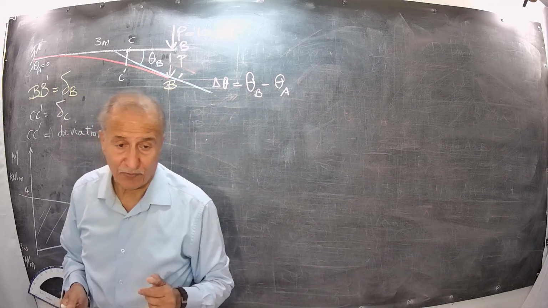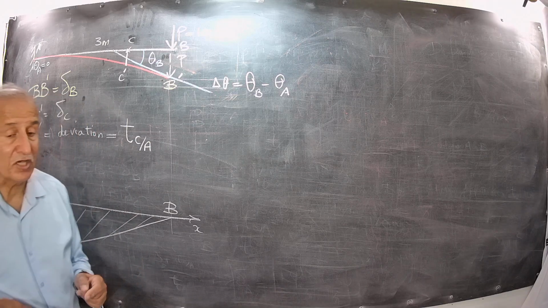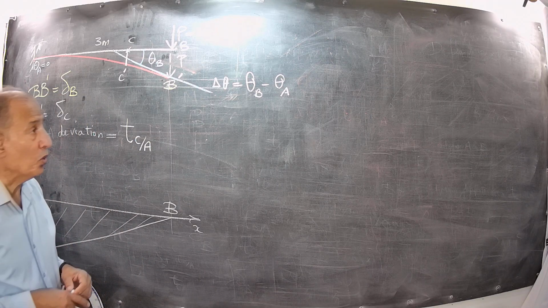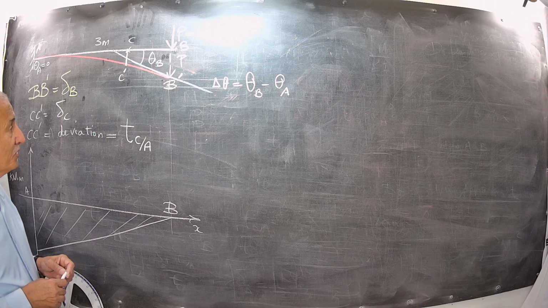E is the modulus of elasticity, and I is the second moment of area of the cross section, or area moment of inertia.